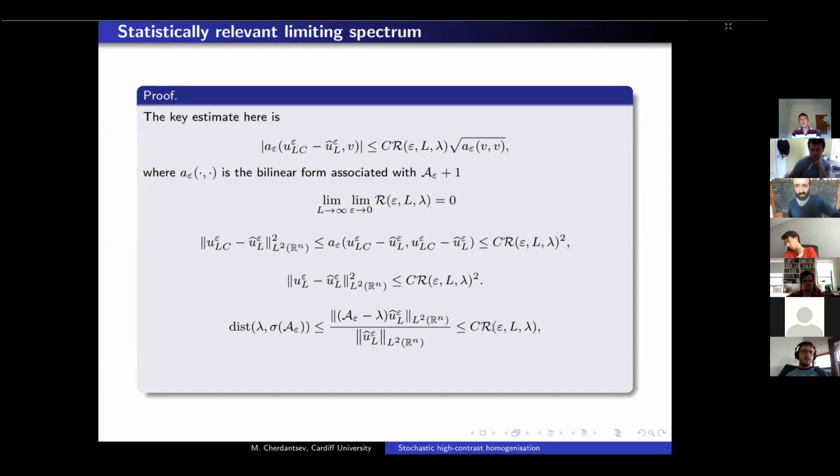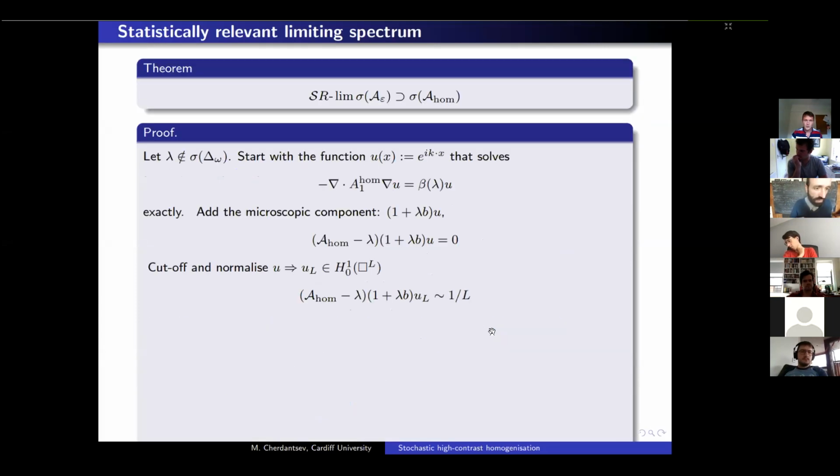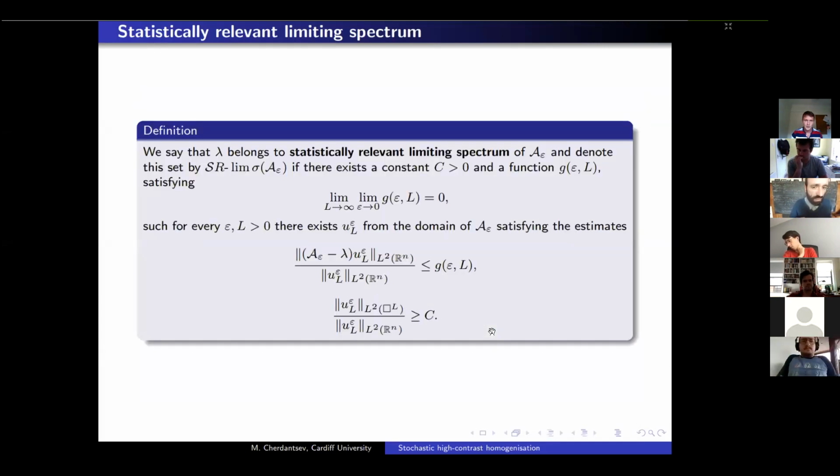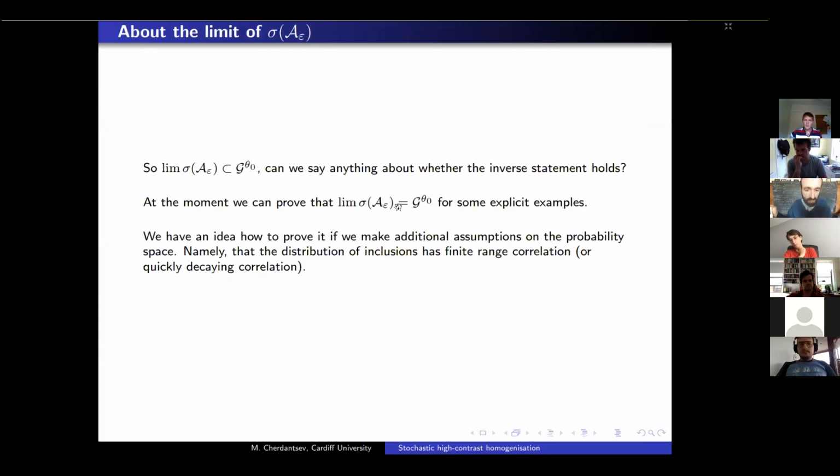So basically, we don't have any assumptions. Everything that I've talked about today is valid, apart from one particular statement. Let me go back to where it was. Apart from this statement here, everything else is valid in an absolutely general abstract probability space. So there could be correlations between the distributions of inclusions and so on. This is not forbidden.